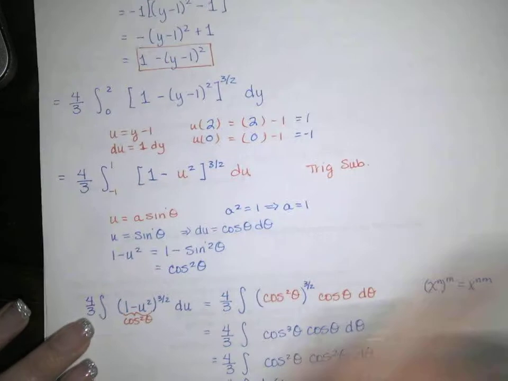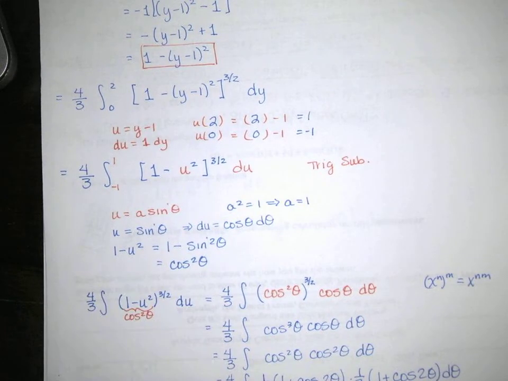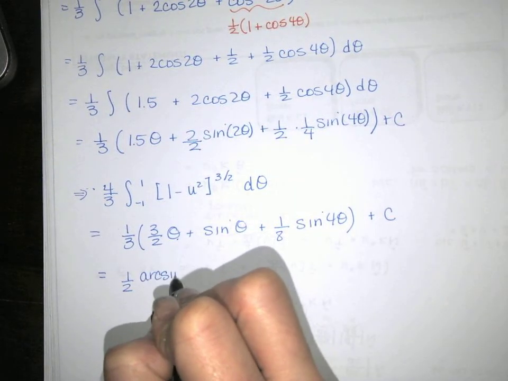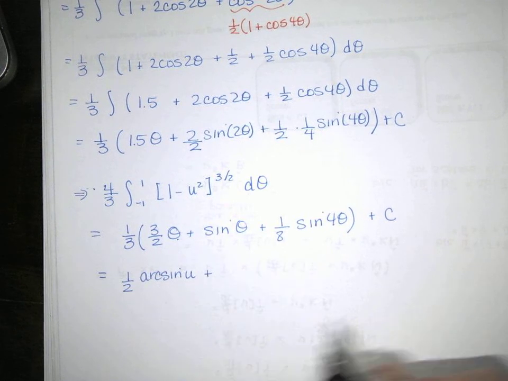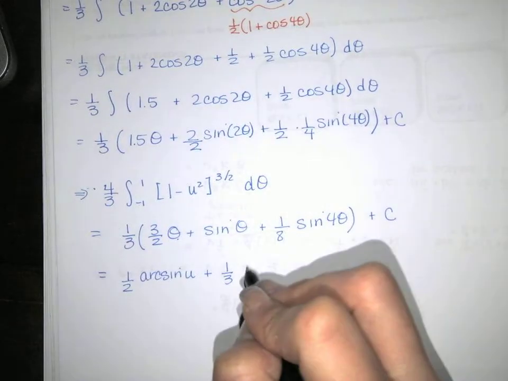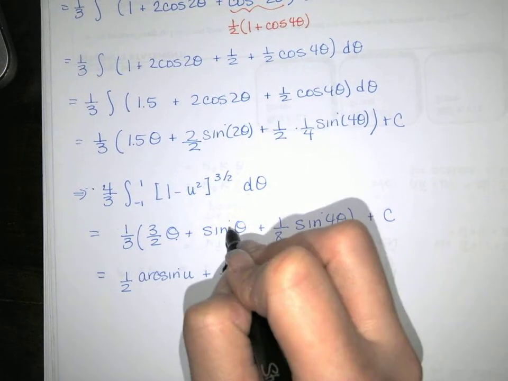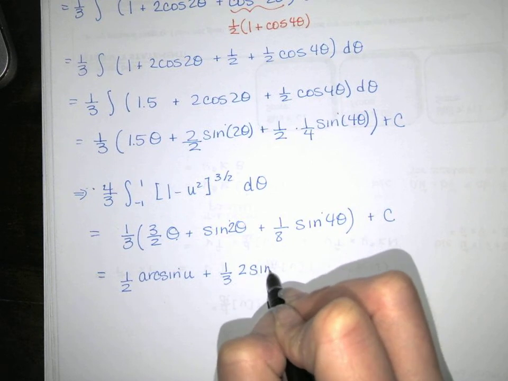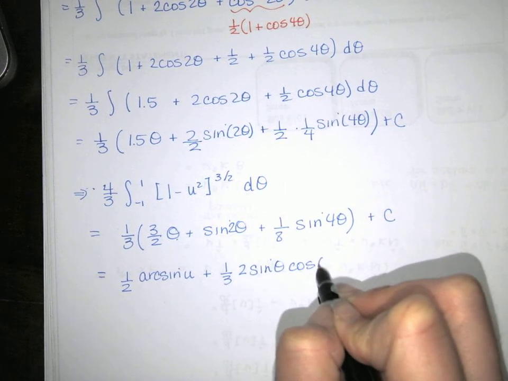From our trig substitution, theta is the arcsine of u. And so then I'll have 1/3 sine of theta, and sine of theta is u. Oops, that should be sine of 2 theta. Sine of 2 theta is 2 sine of theta cosine of theta.